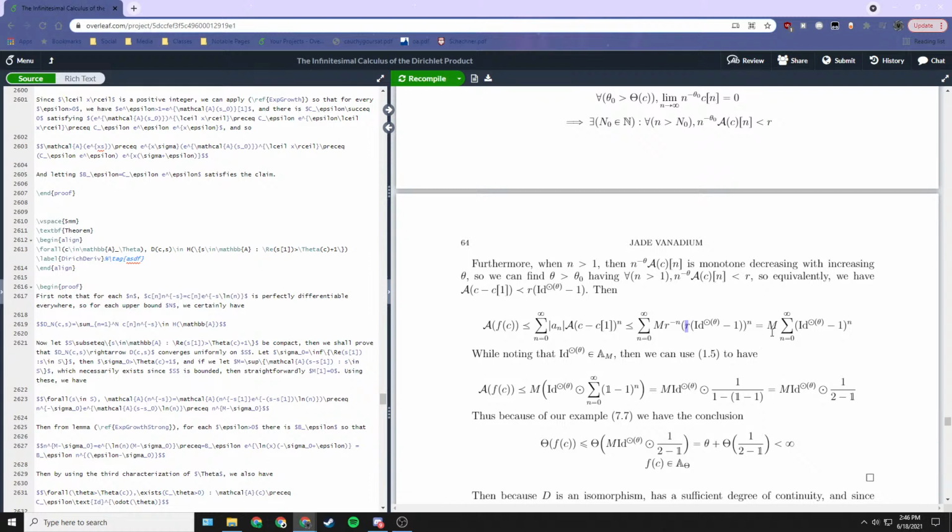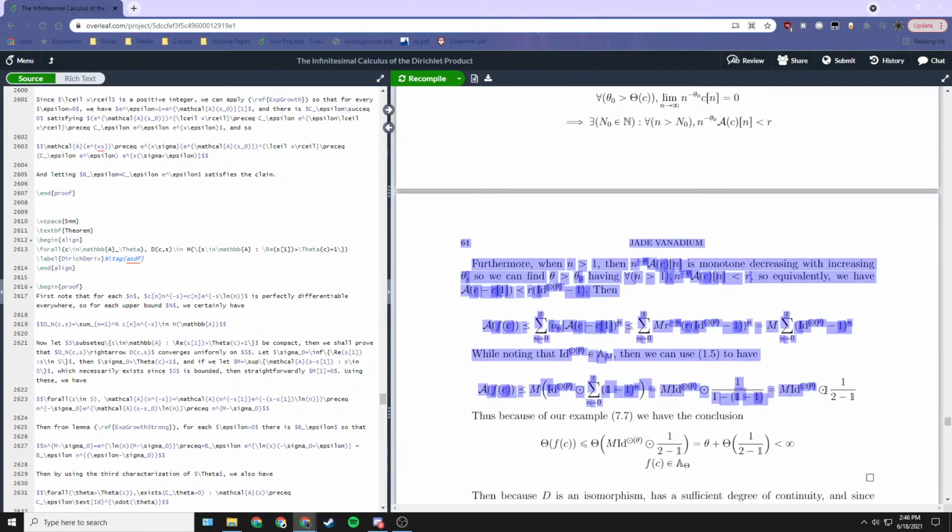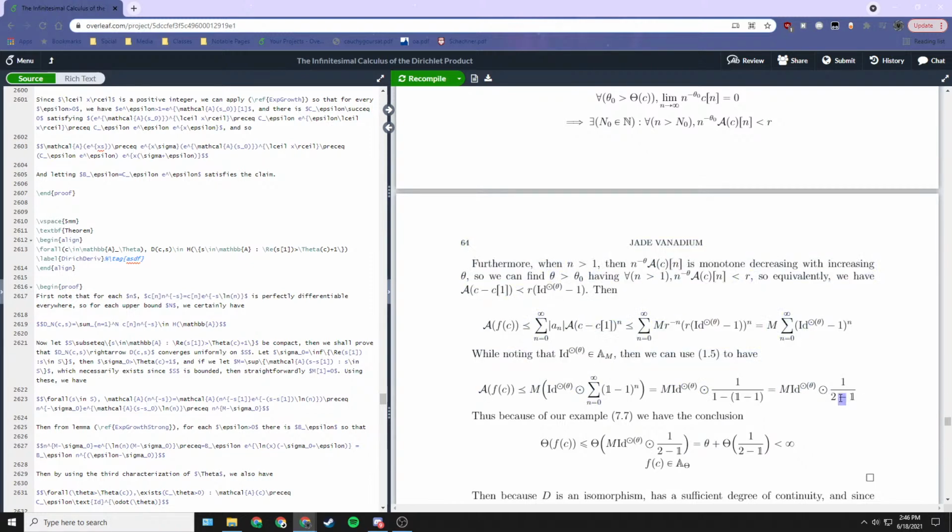And then this just gives us, so we pull these r's out, they cancel out, and then we get this. And then this is supposed to end up being this id theta pointwise multiplied by this constant, which we know is an a sub theta. I think we're going to maybe have to do that.